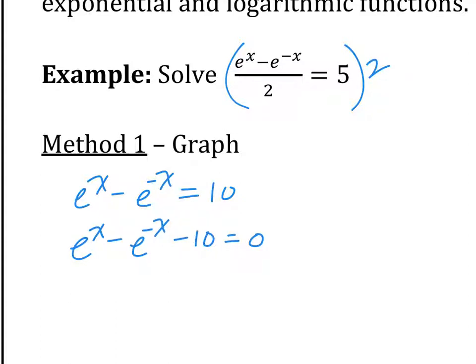Now, what tells you what is the answer? The 0. So that means what? Yes. So when is the graph going to cross the x-axis? The question is, which point crosses the x-axis? Does that make sense? That's why we always make it equal to 0, because we're trying to see where this crosses the x-axis. Okay, so you're going to try to figure out what number makes it equal to 0.